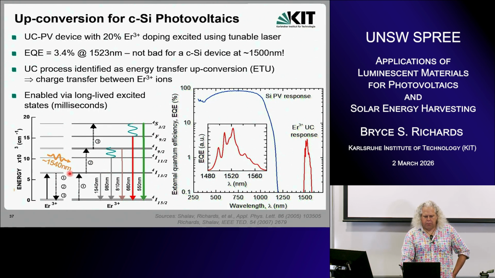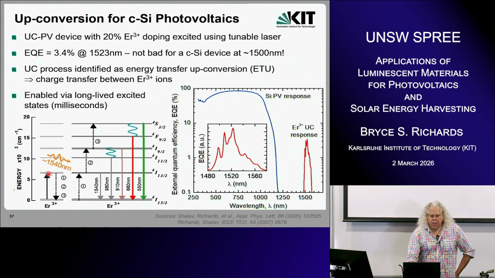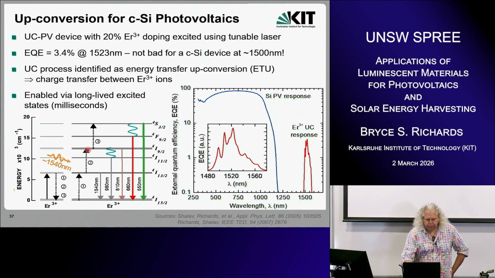Ignore the text at the moment, but just look down here at this energy band diagram. So you can imagine what's happening here is that light is absorbed by this erbium ion at about 1550 nanometers. And then it's able to donate that energy to another neighboring ion. Now, if that neighboring ion is also excited, then you can go up the ladder and you can start summing your energies together.